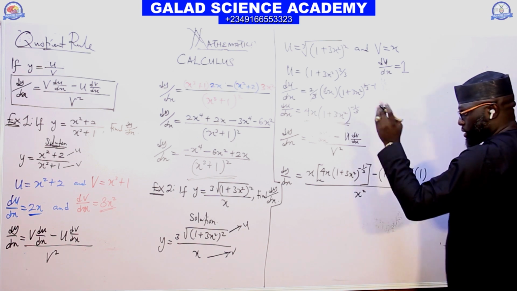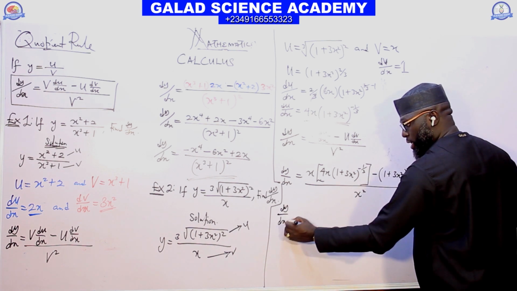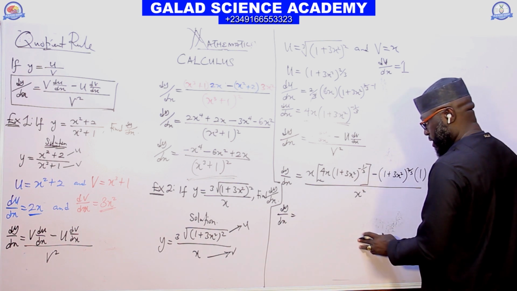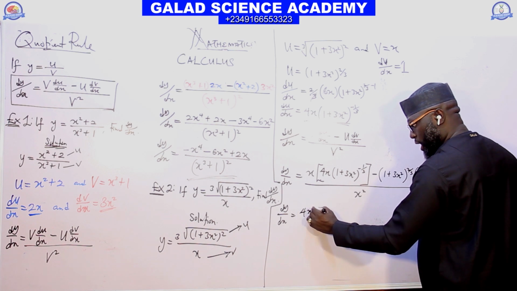We can solve it further. We have dy/dx: this times this, we have 4x squared.